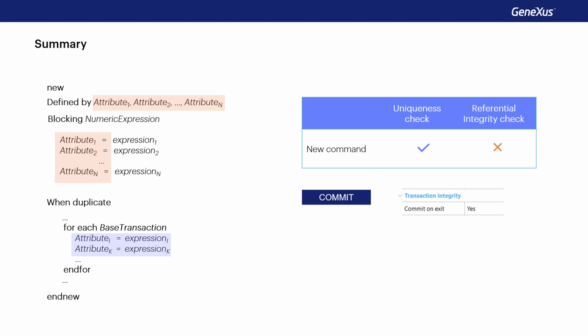We won't see it here, but optionally, a blocking clause can be specified, which allows making insertions in the database in blocks, instead of record by record, as long as the new command is inside a repetitive structure. This will clearly be used for efficiency reasons when batch insertions are very large. Next, we'll see how to update through a procedure.